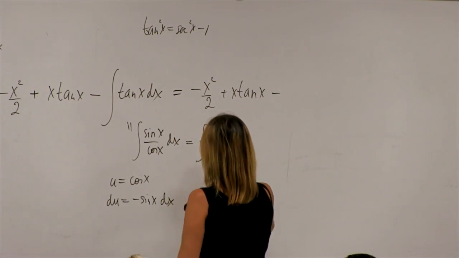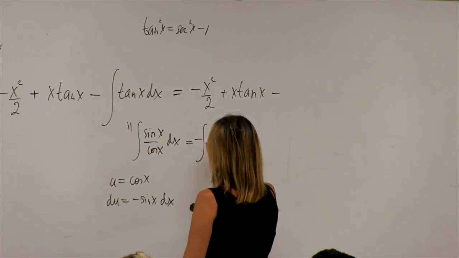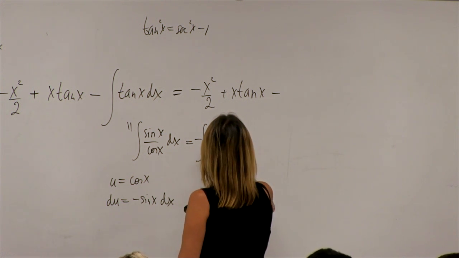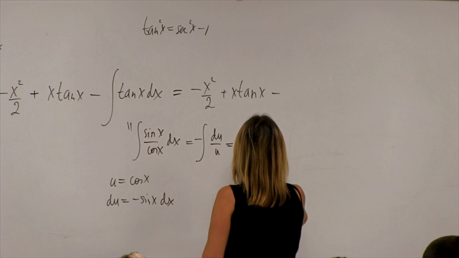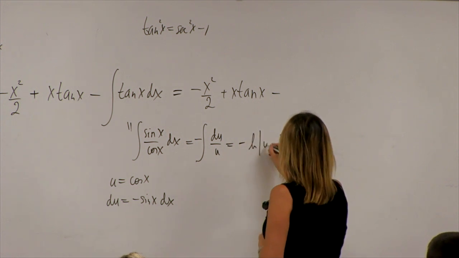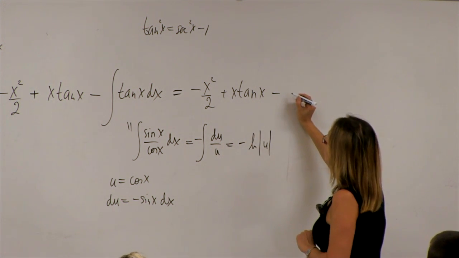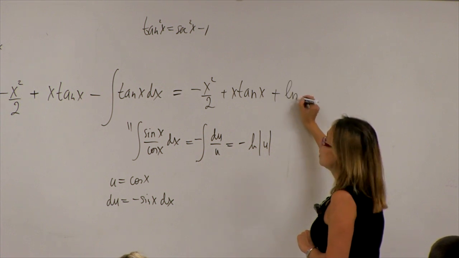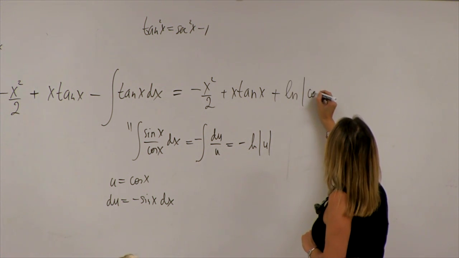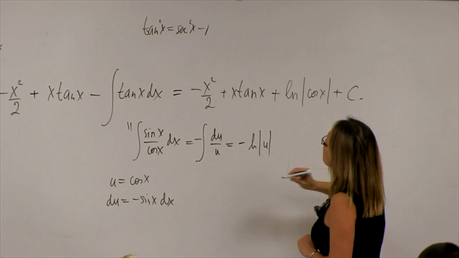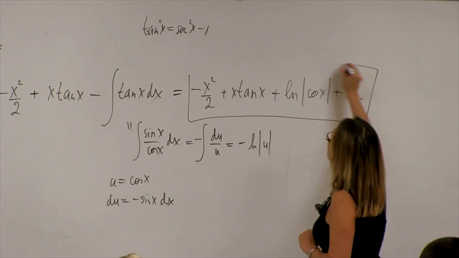So this gives me minus du over u, minus log u. So this is minus log of cos x plus c. So now I'm done. This is the answer.